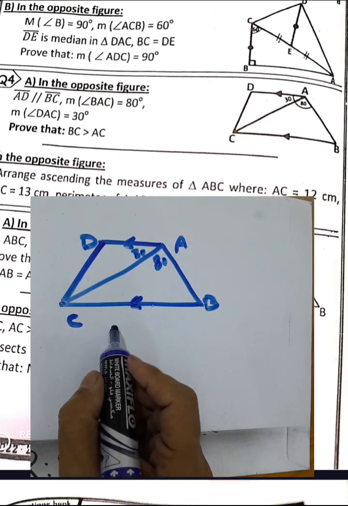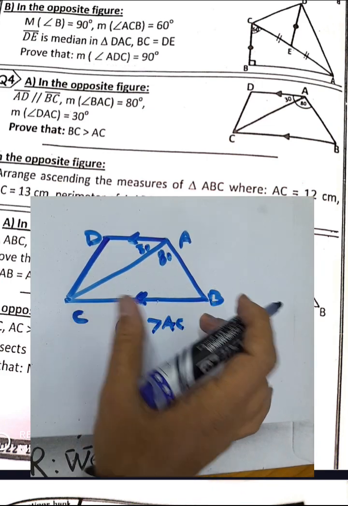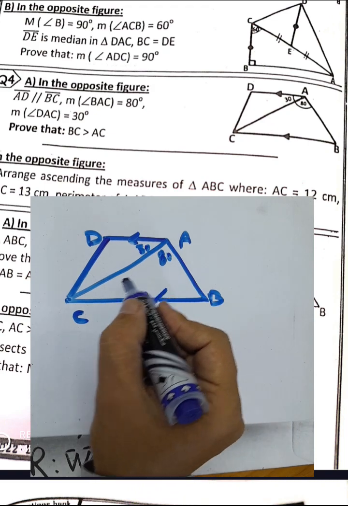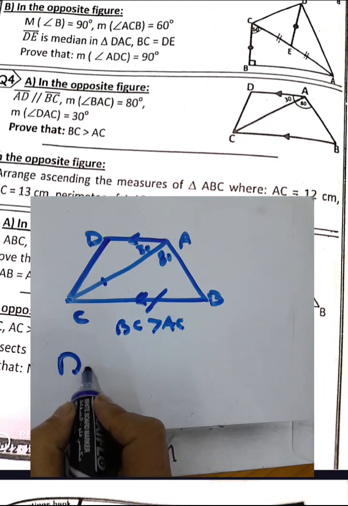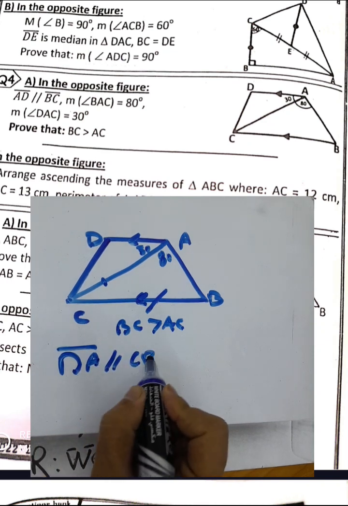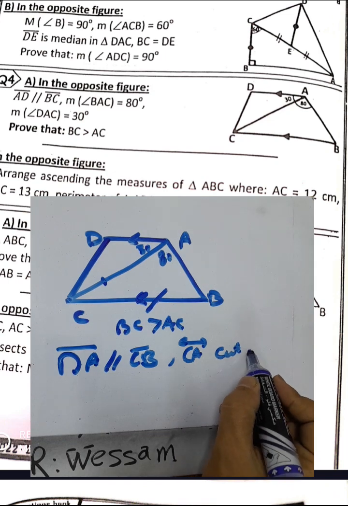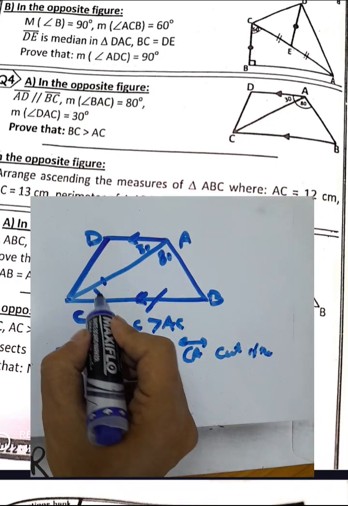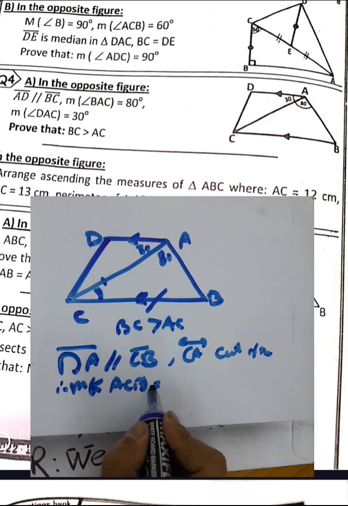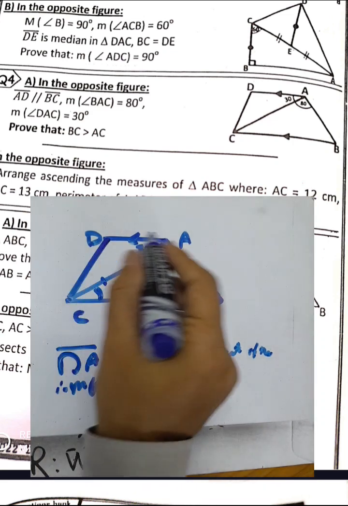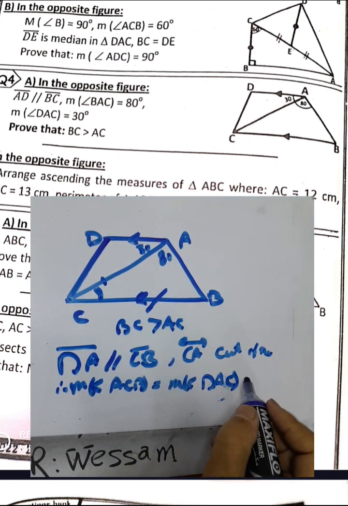And you want to prove that BC is greater than AC. We have DA parallel to CP and CA cuts them as a transversal. Then the measure of angle ACP will be equal to the measure of angle DAC, equal to 30 degrees.